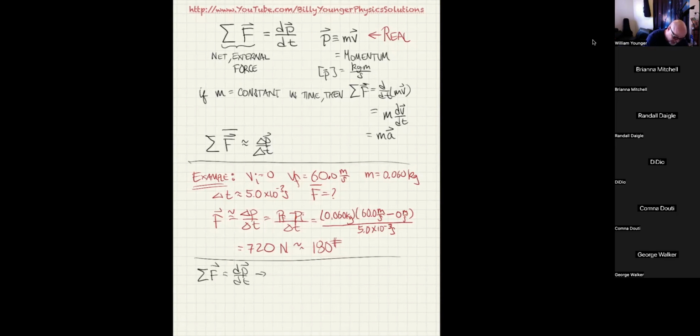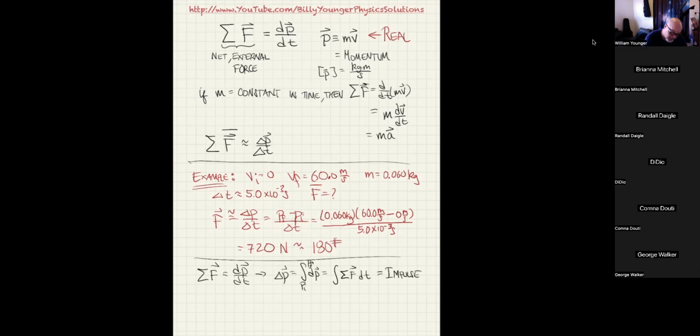I can manipulate that a little bit and say that delta p, which is equal to the integral of dp from p initial to p final, is also equal to the integral of the net force times dt. And this quantity is called the impulse.